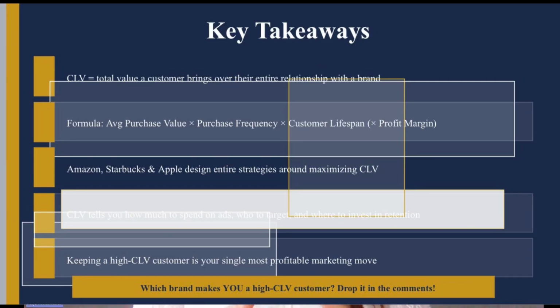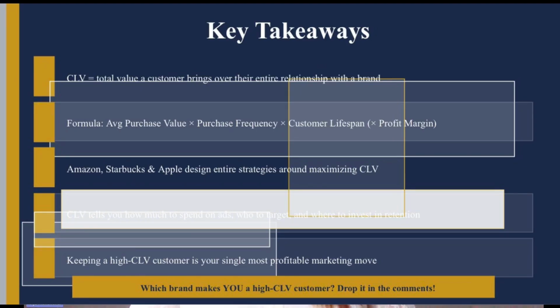First, CLV is the total value a customer brings over their entire relationship with the brand, not just a single purchase. Two, the formula is average purchase value times purchase frequency times customer lifespan, multiplied by profit margin for the profit view. Three, Amazon, Starbucks, and Apple all design their entire strategy around maximizing CLV.